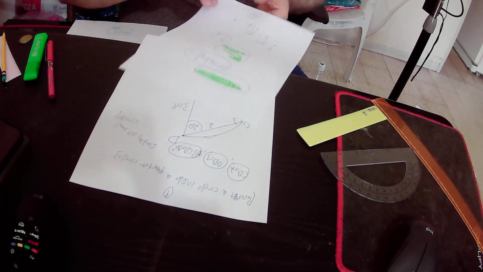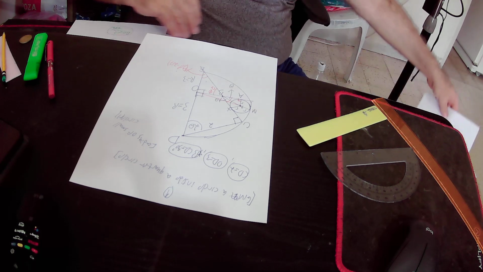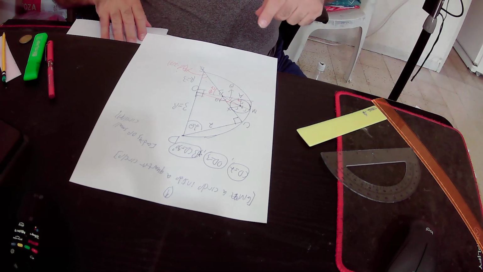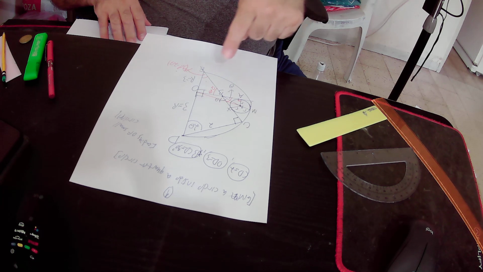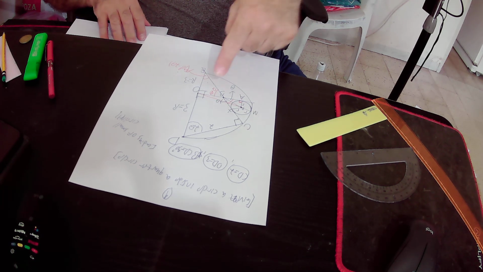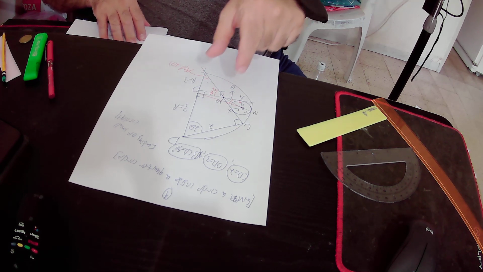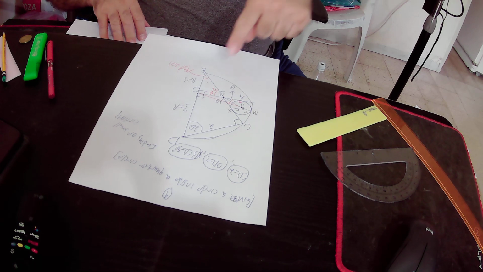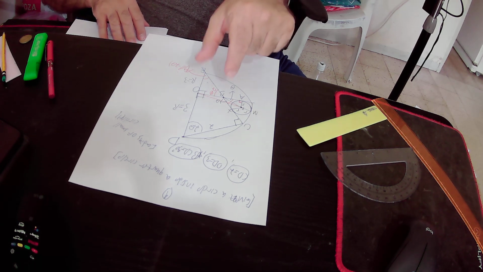So in triangle BOE, we know that tangent 2 theta equals OE over BO. Again, tangent 2 theta equals OE over BO.